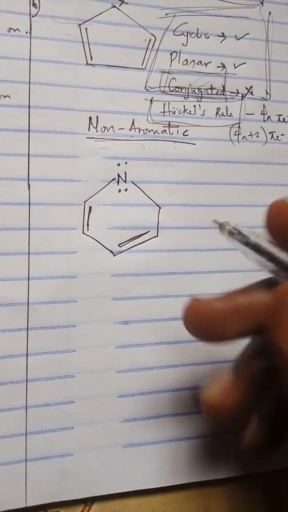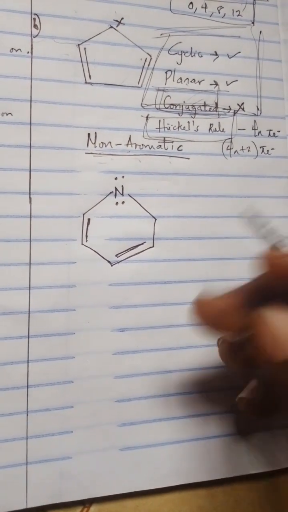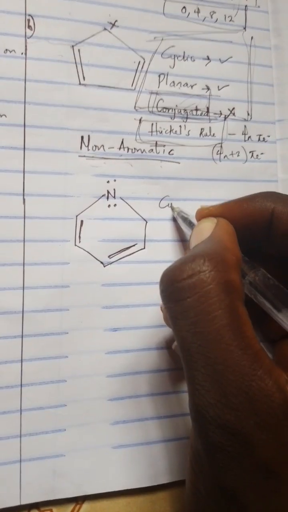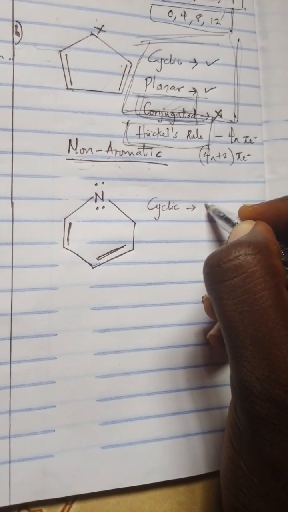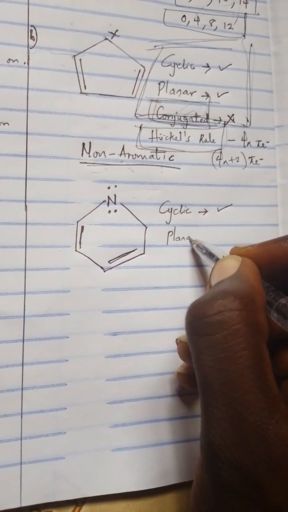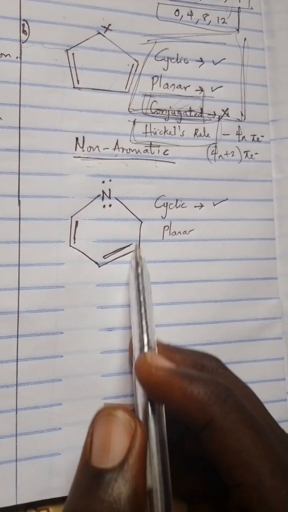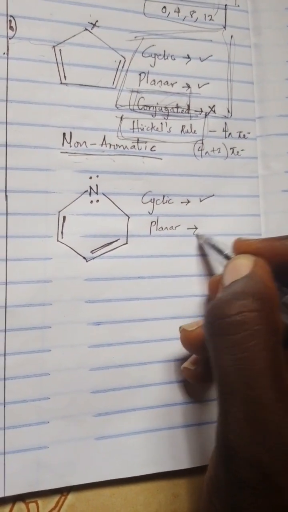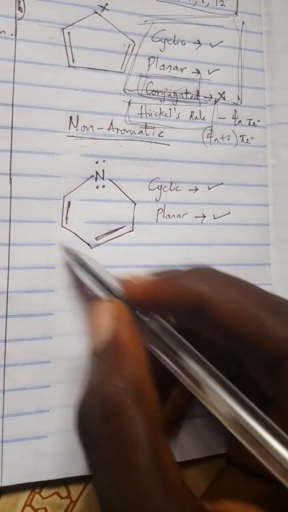Is this compound aromatic, anti-aromatic, or non-aromatic? Let's write our rules there. Is it cyclic? Yes, it is a cyclic compound. Is it planar? Now let's count the number of carbon atoms: 1, 2, 3, 4, 5. Yes, it is planar, within the 3 to 7 carbon atoms, and it is a cyclic compound.